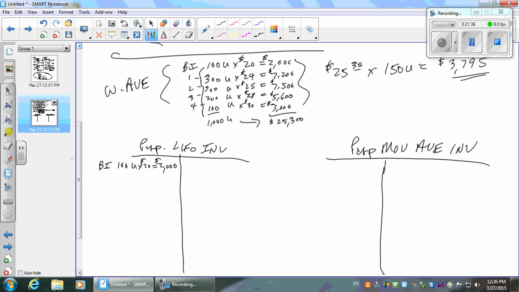Keep them in order. Any mistakes on all of them, right? Put them in sequence. 2 LIFO layers at the beginning, huh? 7,000.